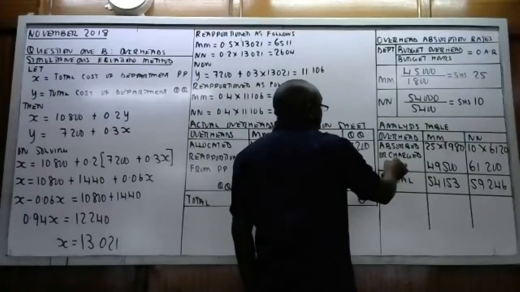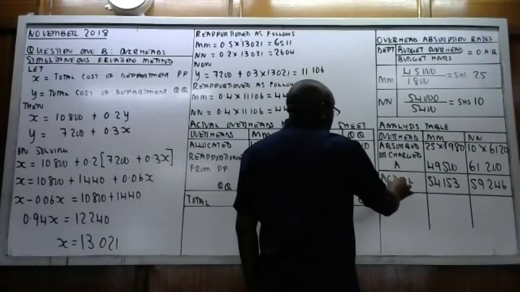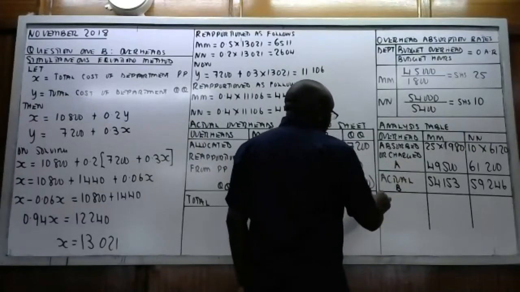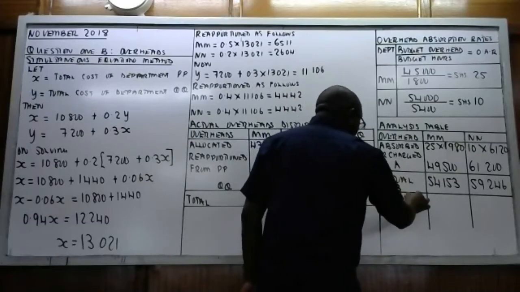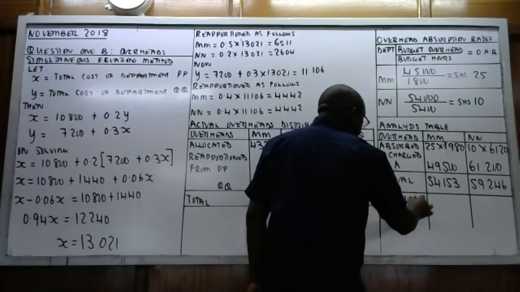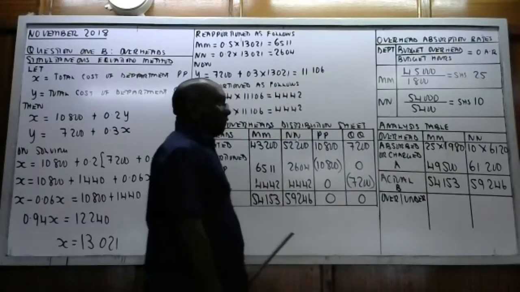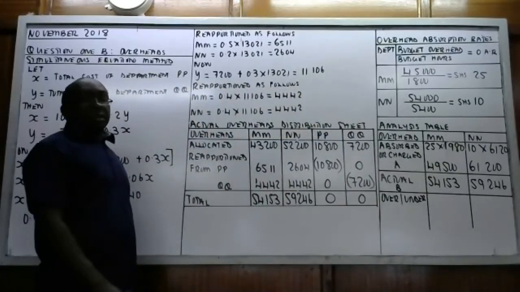So if you call this one A, and this one B, then you have the over or under absorbed.